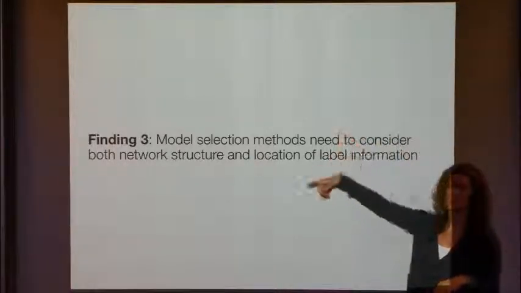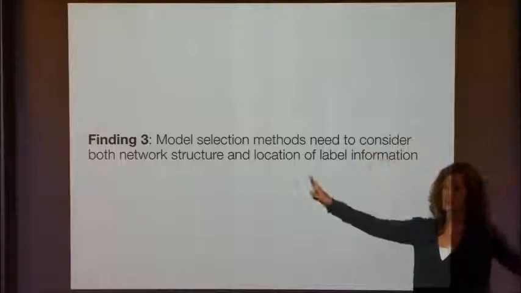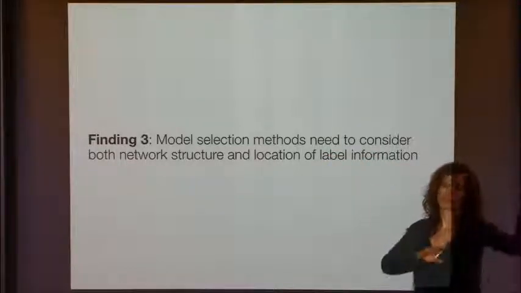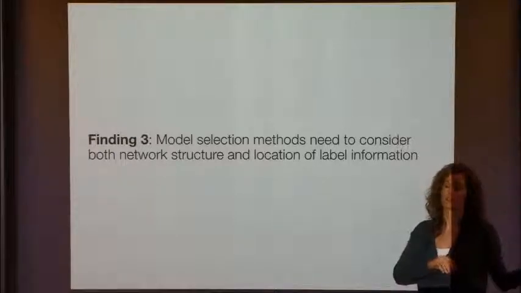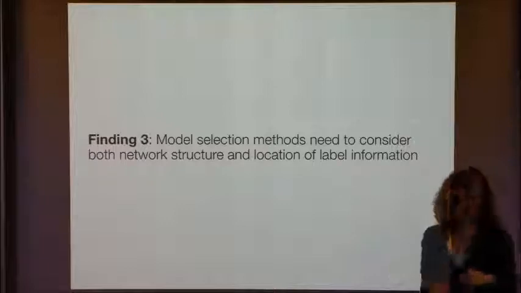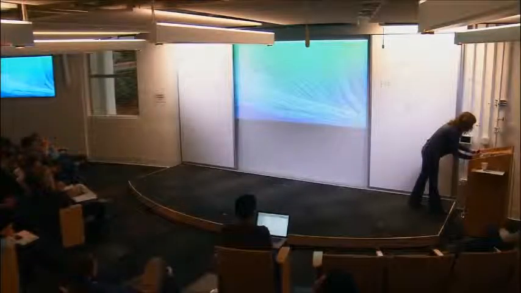Now, this is what I was showing at the beginning, because if we know this high degree node in the middle, we know it's labeled and it breaks everything apart, certain models might perform better than if you have only peripheral information that still keeps a big blob in your graphical model, right? And so I will not talk about the details of that, but if you're interested in that specific set of work, you can talk to me about it afterwards.